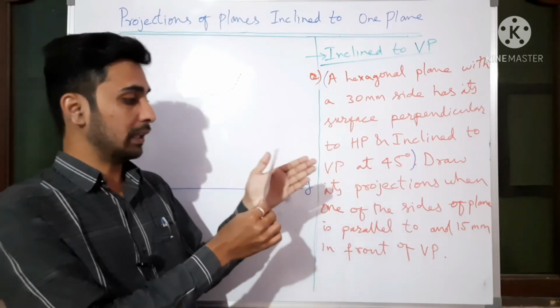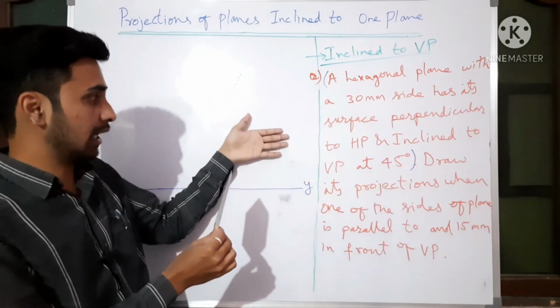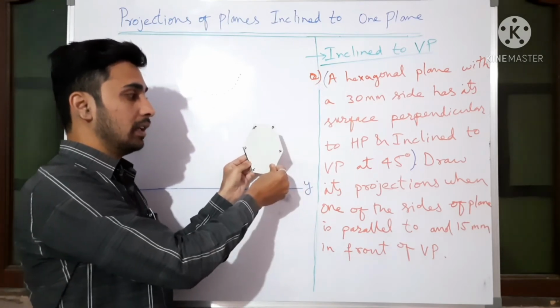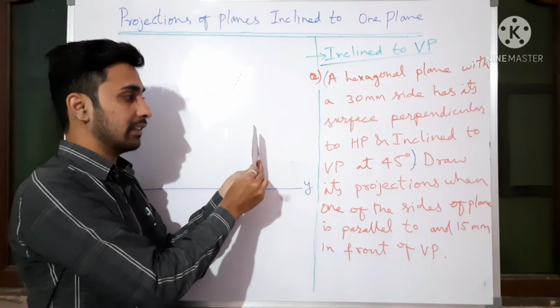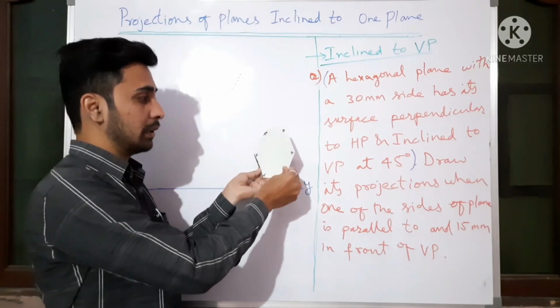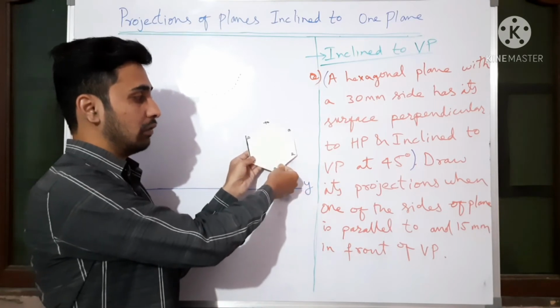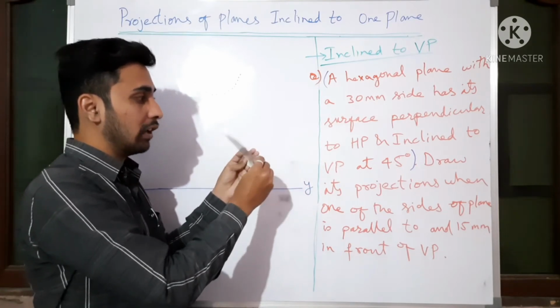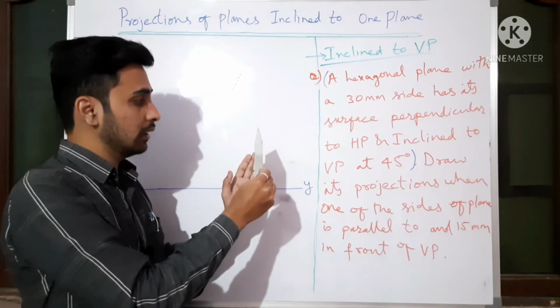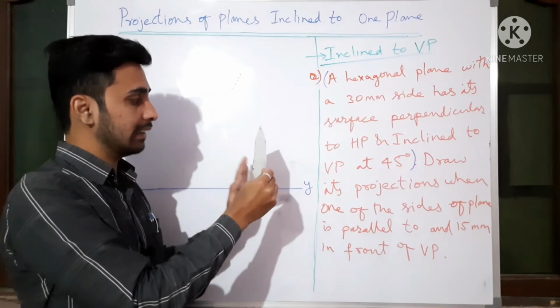Assume this as a vertical plane, this is parallel to VP, inclined to VP, now this is perpendicular to VP like this. But here they have given 45 degree with respect to VP, which means like this. With respect to VP 45 and with respect to HP it is straight vertical. This is the orientation of the hexagon plane.